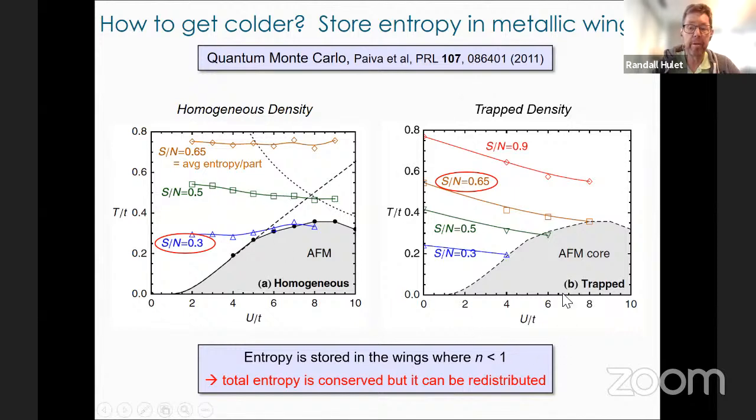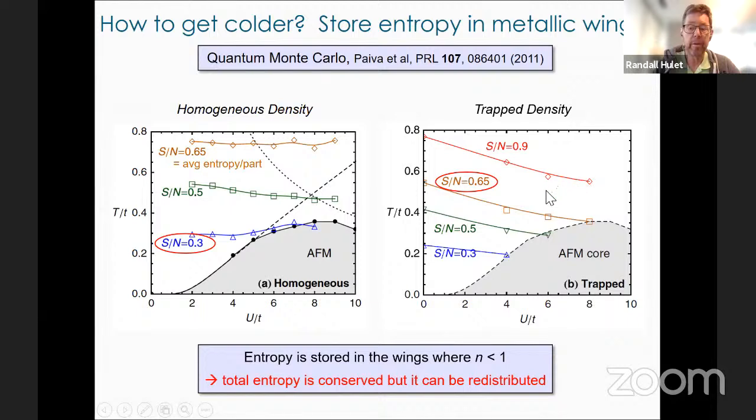But you can see that there are games that you might be able to play with the density profile that help you store entropy out in the wings in this inhomogeneous situation, because the wings are metallic, whereas the core is an antiferromagnetic Mott insulator.